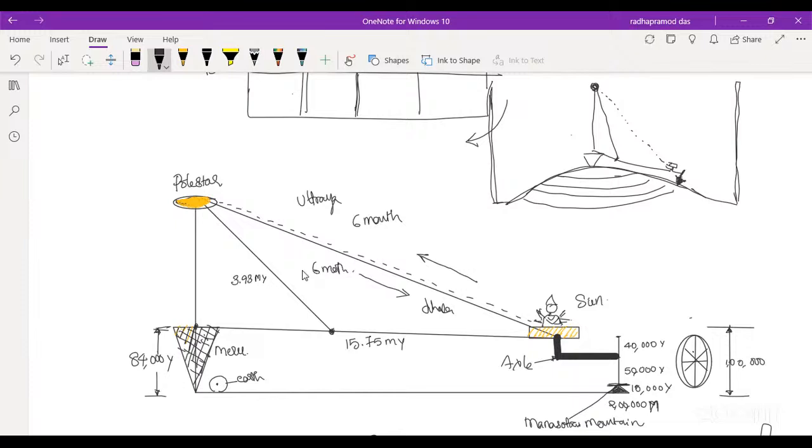Now what happens? This has six parts. Anyway, I will not go into much detail, but I am telling how the movement is happening. You are able to see my cursor here.